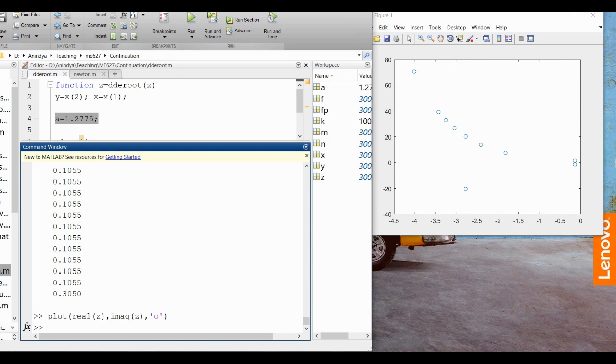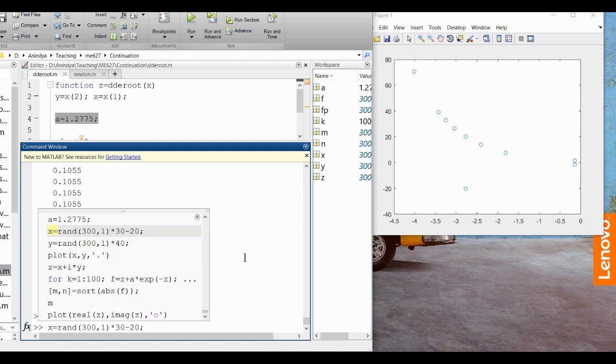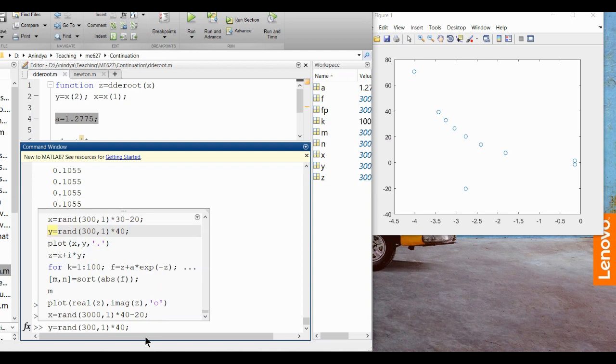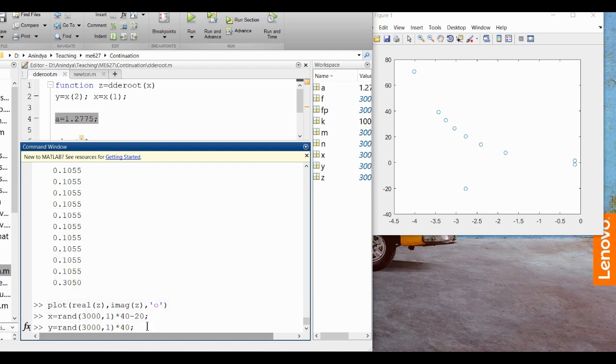Okay, is there a positive root? We will see. Okay, there may not be one, but it might be a better idea to do the following. So how about instead of 300, I take 3000. Okay, and how about I make this 40, and then I have some larger values there, and then I have y equals, and I make that 3000, that's good enough.